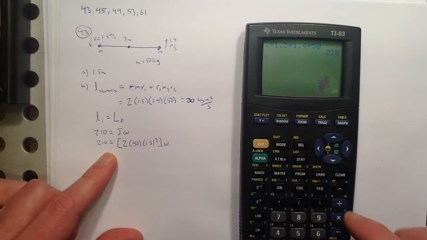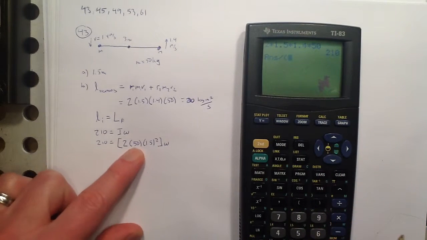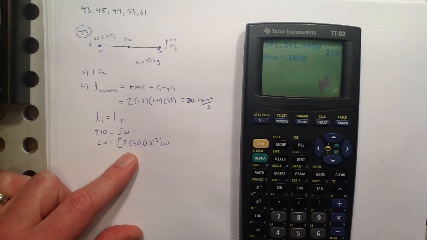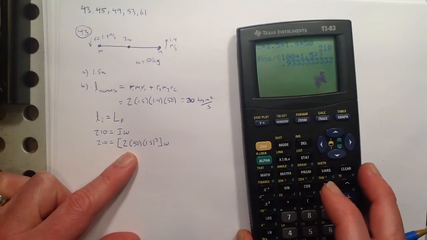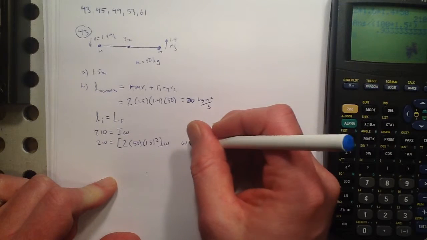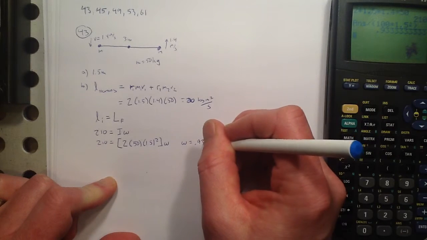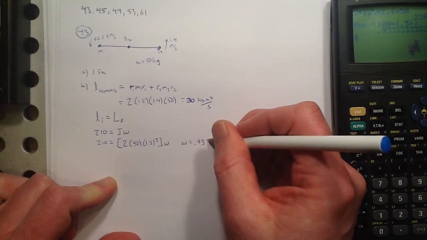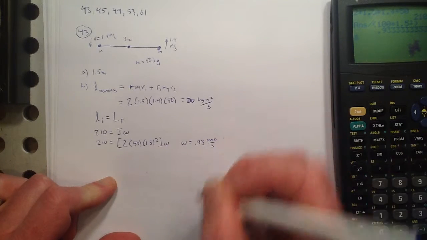So omega is 210 divided by 2 times 50 times 1.5 squared, and that's 0.93 radians per second.